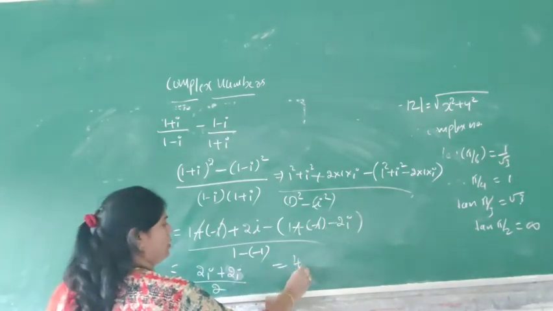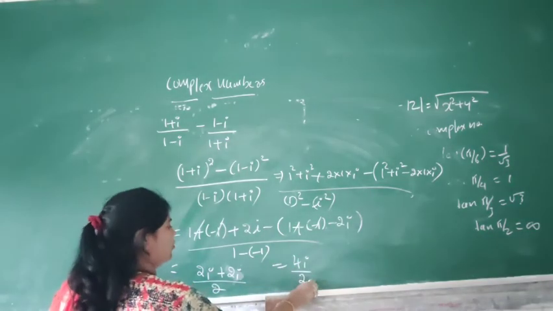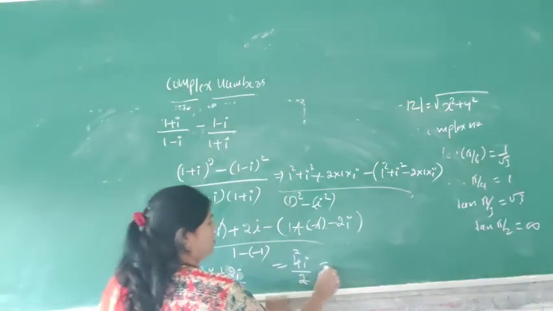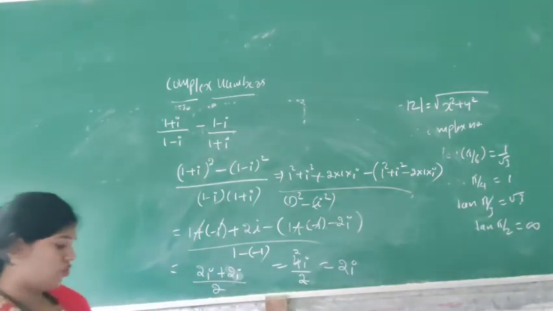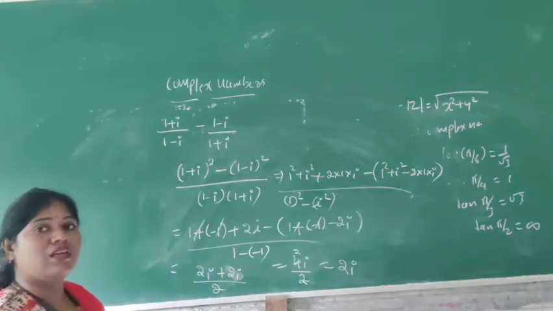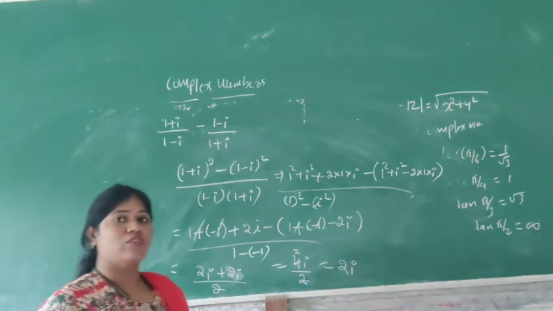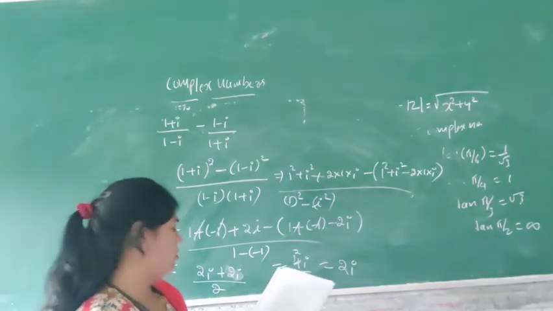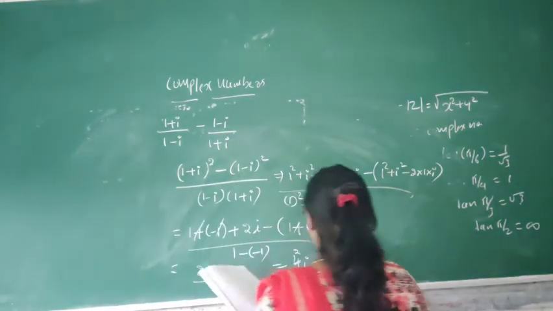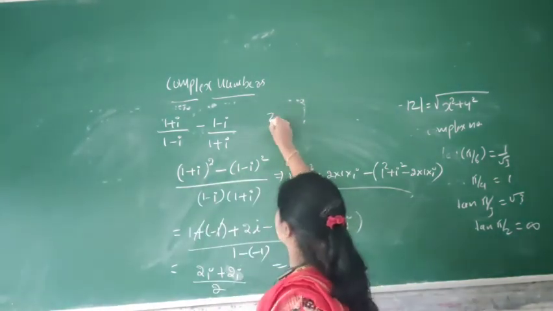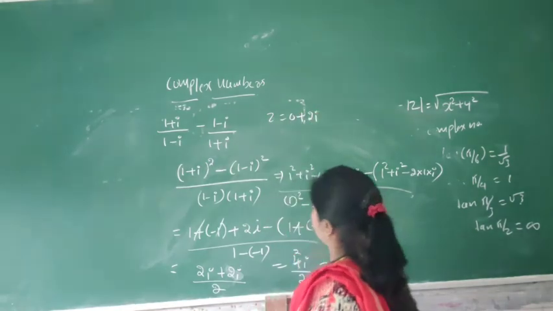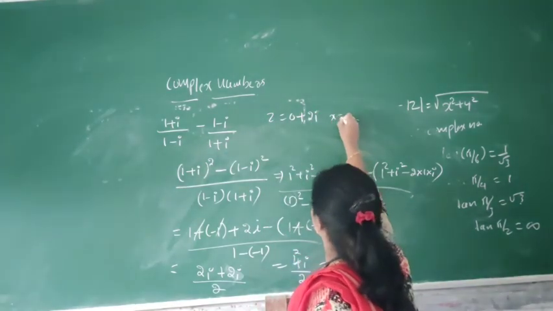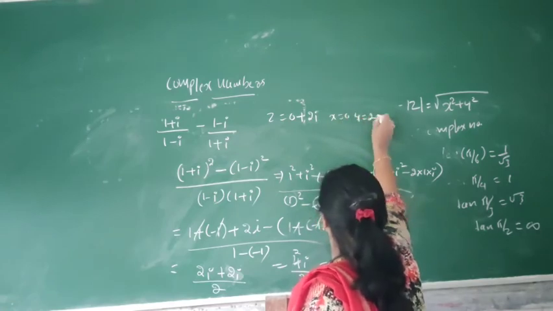So 4i divided by 2, which is equals to 2i. The answer is 2i. But what is the question? We have to find the modulus of this one. What is the modulus formula? We have to write it in the form x plus iy, where x is equals to 0, y is equals to 2.